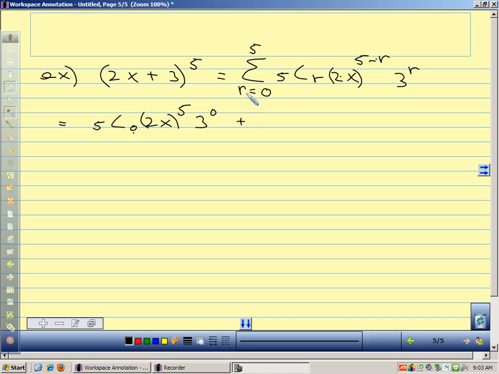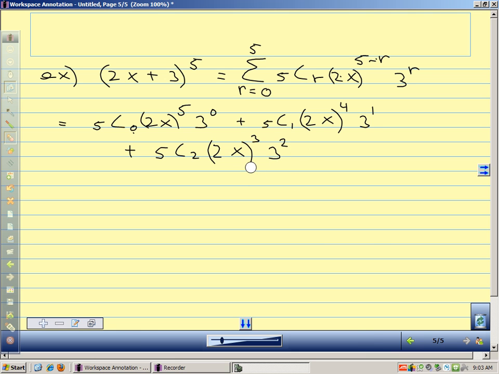Plus, now we do the term for r equals 1. 5C1 times 2x to the 5 minus 1, which is 4, 3 to the 1st power. Plus, now we're going to do the term for r equals 2. 5C2, 2x to the 5 minus 2 is 3, 3 squared. Plus now r equals 4.